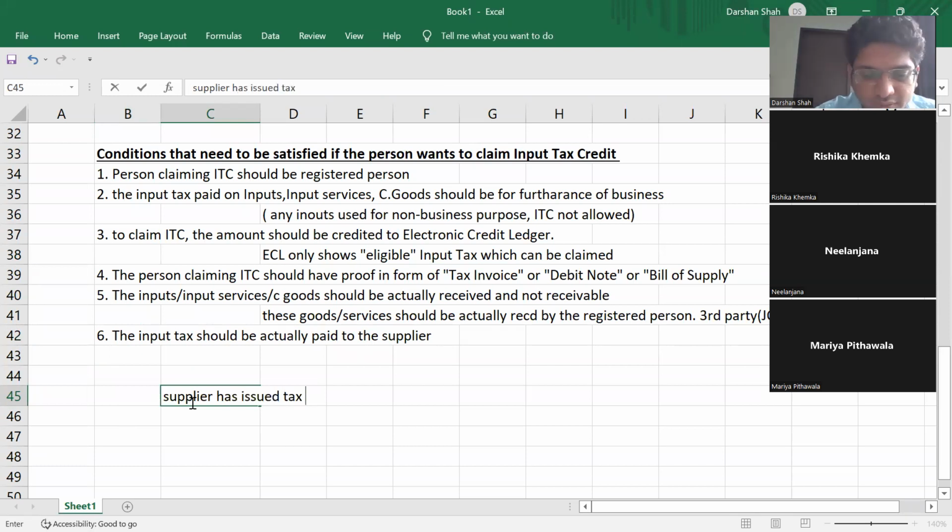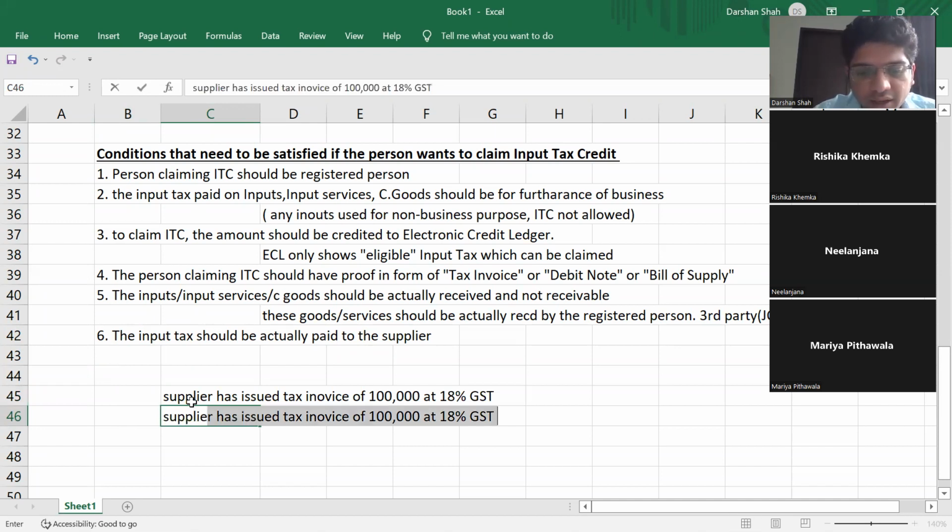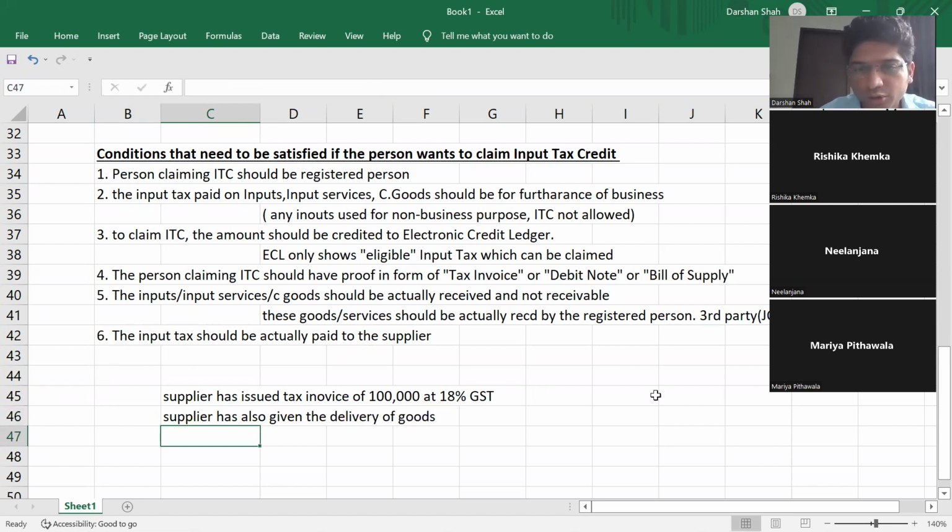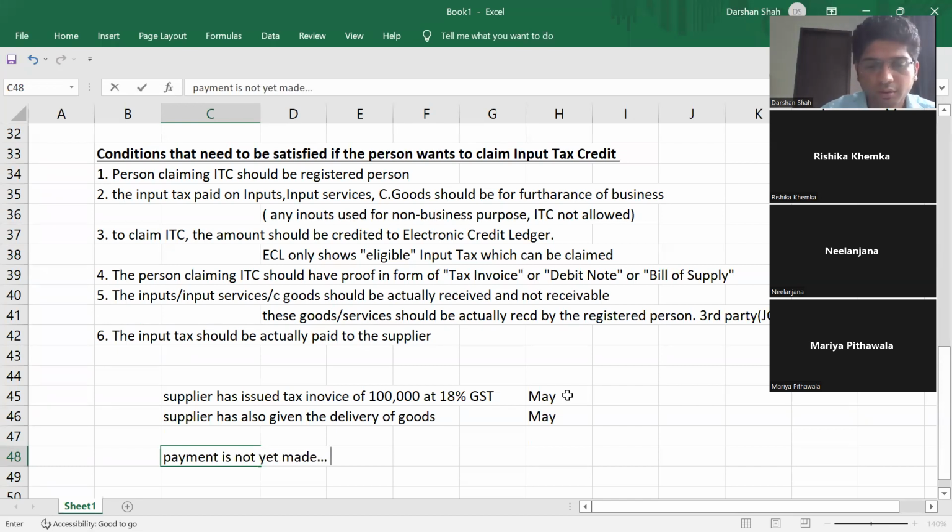The supplier has issued a tax invoice of, let us say, 1 lakh at 18% GST. The supplier has also given the delivery of the goods. This has happened in the month of May, and the payment is not yet made by the registered person.